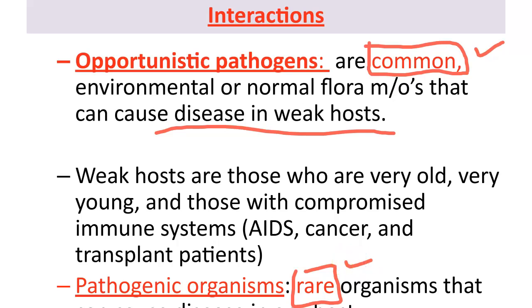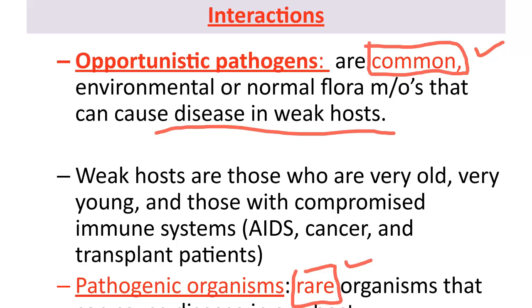If I were to sample any environment, chances are I will find, as part of the bacteria gathered from the environment, E. coli, an organism that is a normal flora of the gut. And it is so common that pretty much any environment that we sample, we would find E. coli.